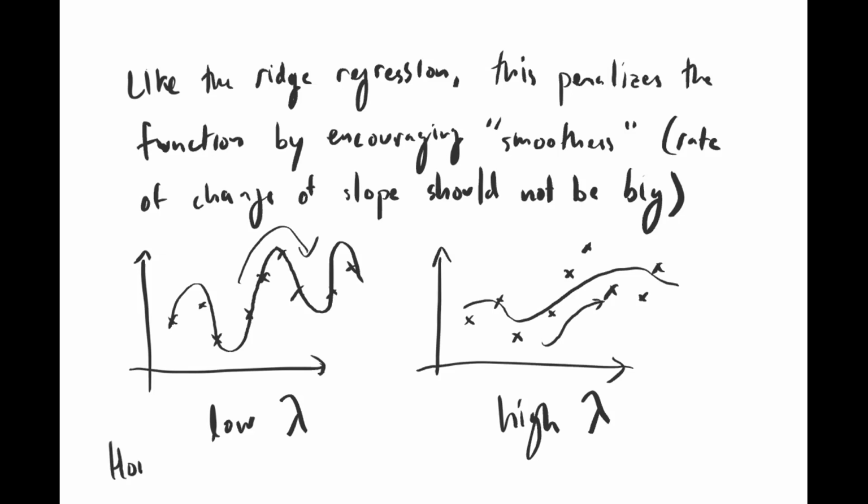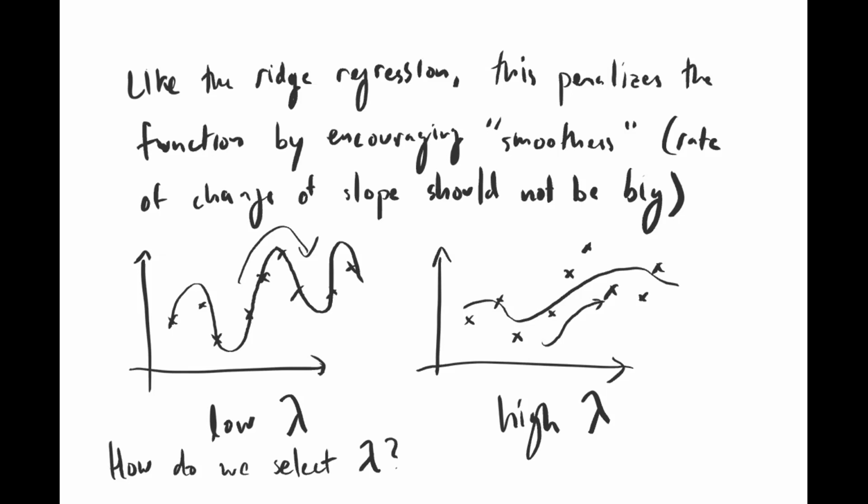Okay, how do we select our tuning parameter? Same song and dance, right? Cross-validation.